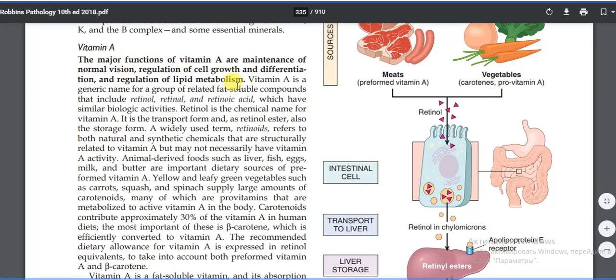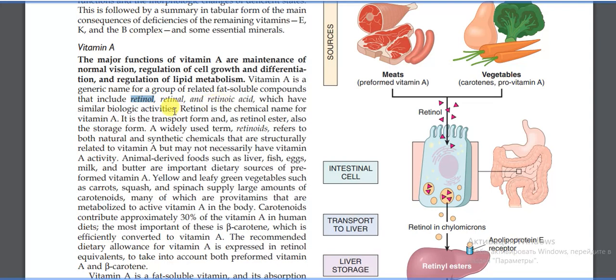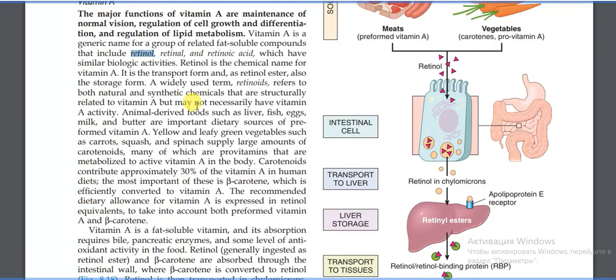All of them have similar biologic activities. We have a lot of enzymes which convert retinol to retinal or retinoic acid. That's why intake of each of them can supply the proper amount of vitamin A. Retinol is the chemical name for vitamin A. But we usually don't take in retinol directly in food, and even if it's present in food, it's not properly absorbed by our digestive tract.